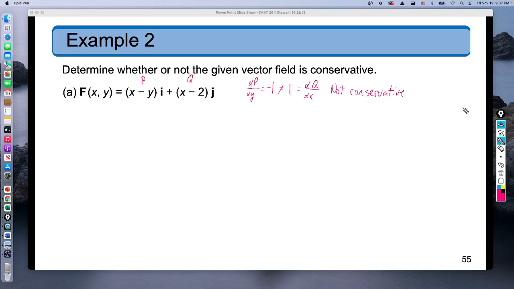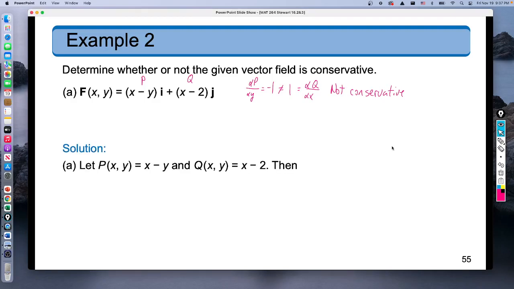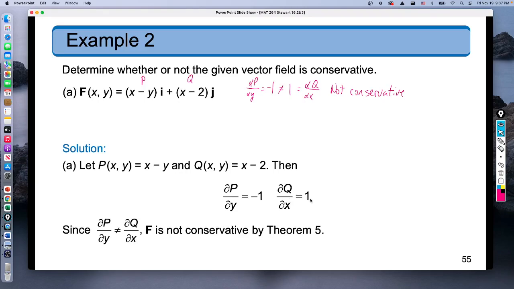That's really all there is to it. You find the partials. The first partial is -1. The second partial is 1. They are not equal. Therefore, it's not conservative.